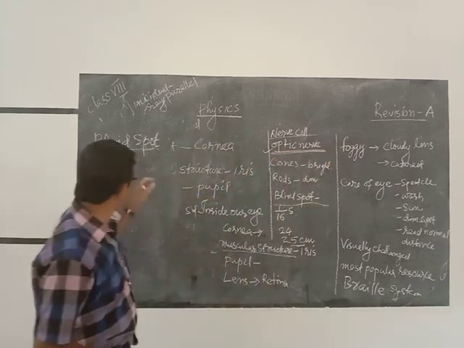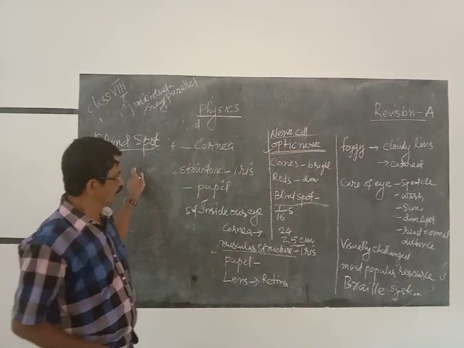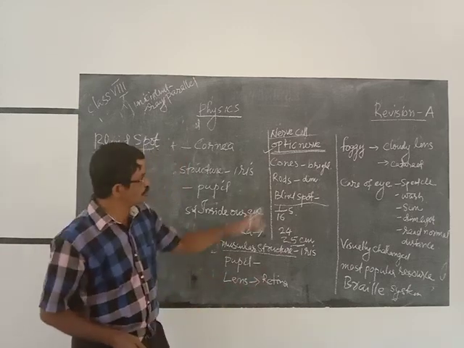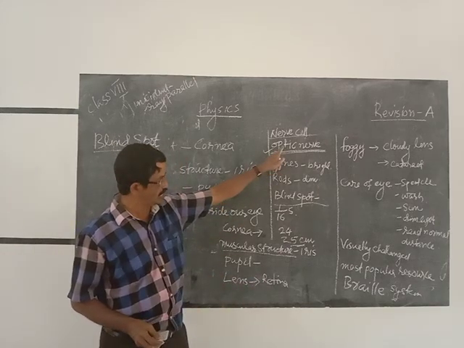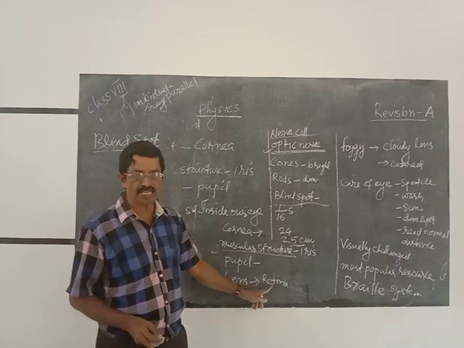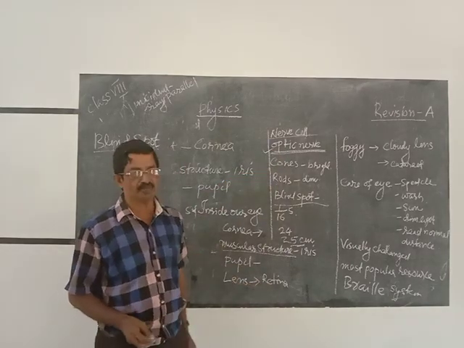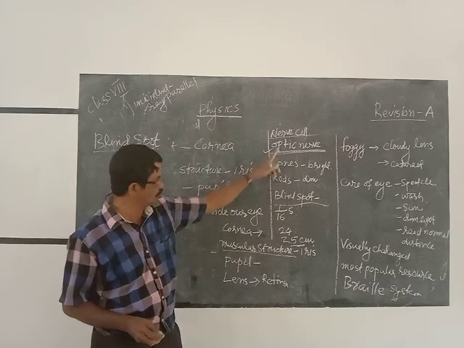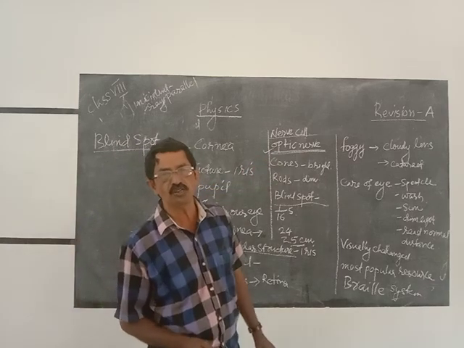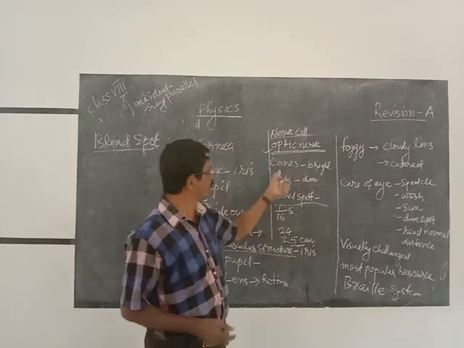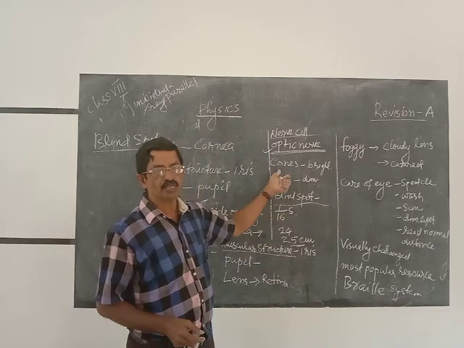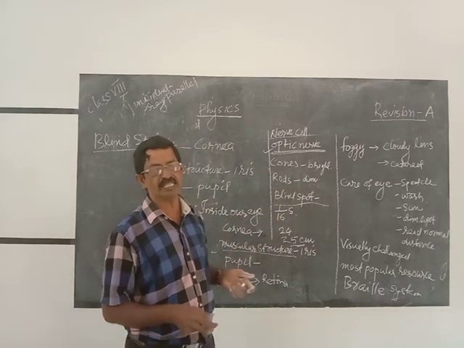At the junction where the optic nerve joins the retina, there are no nerve cells. So vision is not possible at that region.